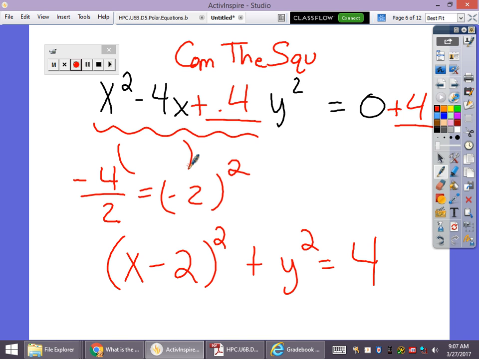You take half of b and you square it. Half of b is -2, and -2 squared is 4. It's one of those weird ones where when you multiply 2 by itself or by 2, you get the same answer. Completing the square.